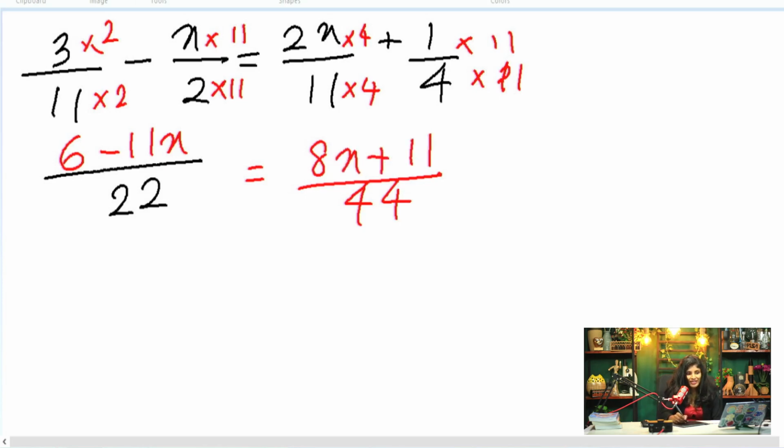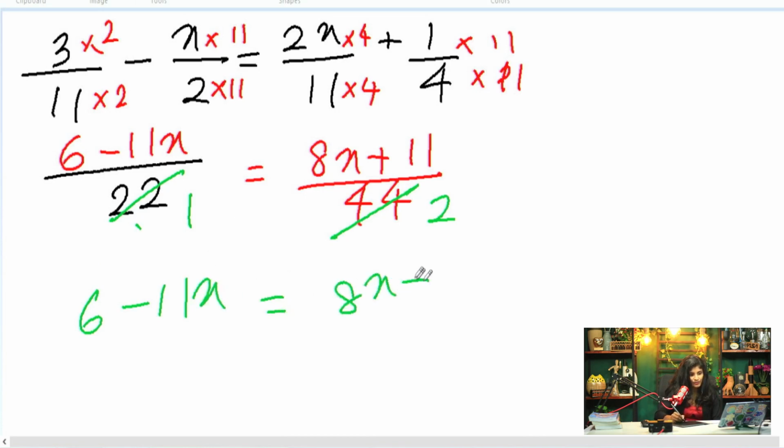Now this is very easy. What we can do is simplify both denominators by 22. Just check, 22 times 1, 22 times 2, right? Okay. So, 6 minus 11x equals 8x plus 11 divided by 2.